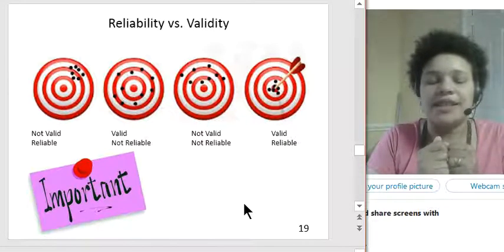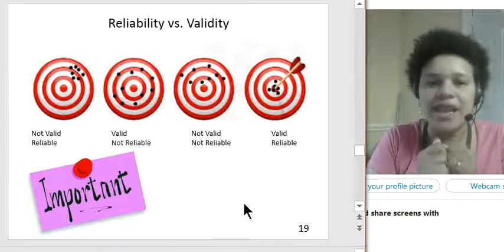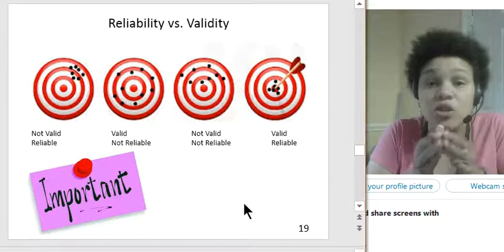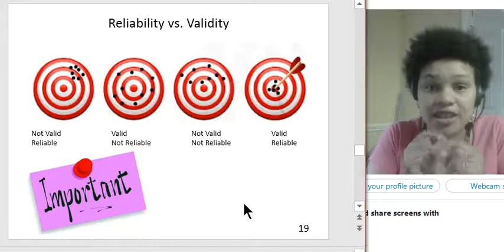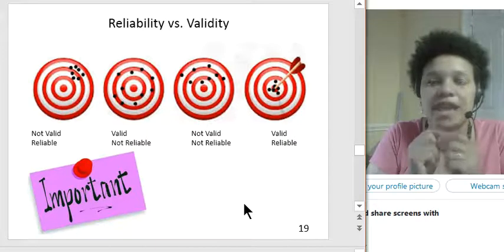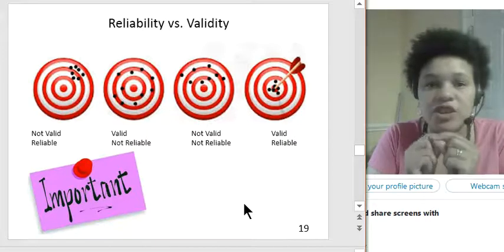And I'll know that my test is both reliable and valid if I'm close to that true score, that target, whatever that true score is. And if I'm centered on that true score and I'm close to it.